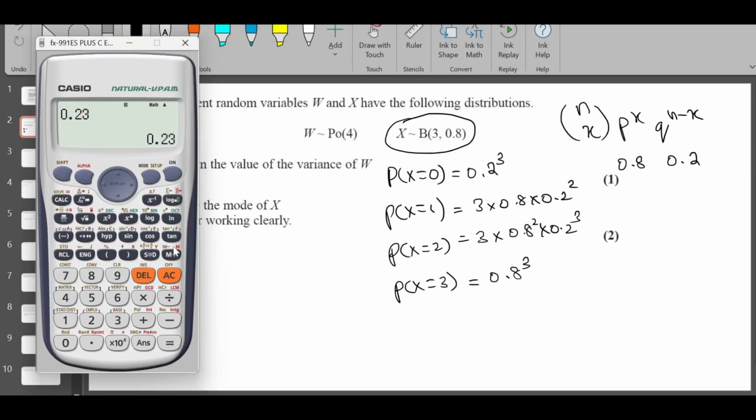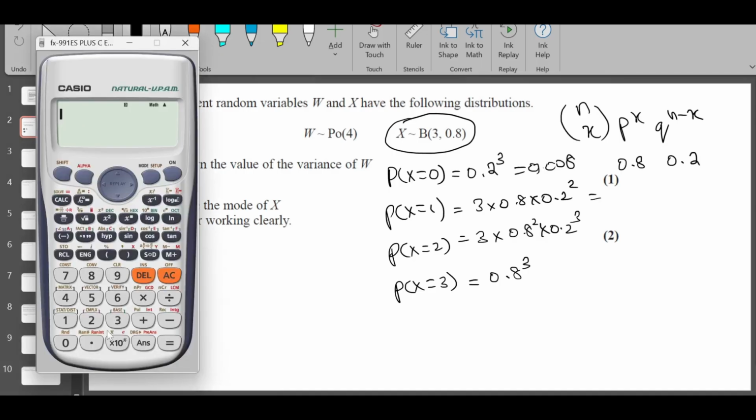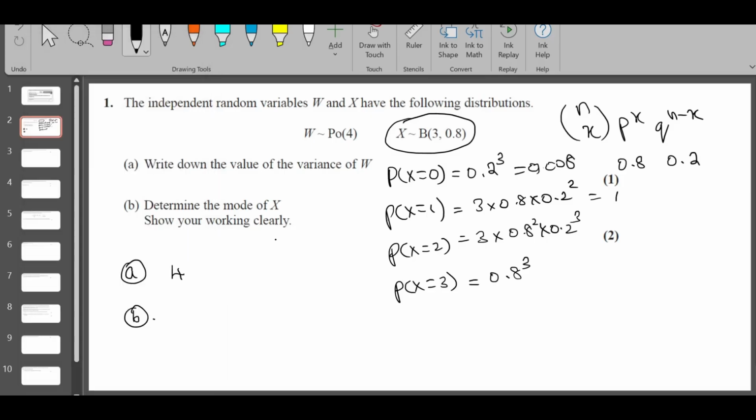0.2 to the power 3 is 0.008, that's the least one, and the second one is 3 times 0.8 times 0.2 square, which is 0.096.